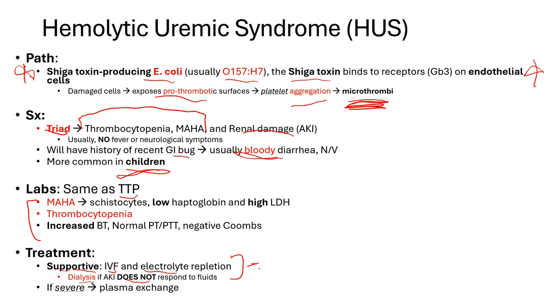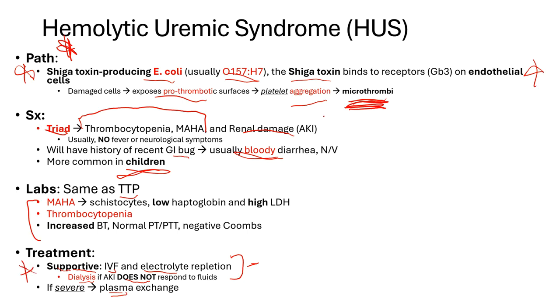We typically let this infection, E. coli, Shiga-like toxin, run its course, whereas in TTP, since we're producing these autoantibodies, we typically are going to treat this with steroids. For severe cases, we can do plasma exchange, but generally, this is only for extremely severe cases. The big takeaway from HUS comparatively to TTP is the pathology, how it produces something similar as in microthrombi, but it does it via a different mechanism, this Shiga-like toxin, and of course, the treatment.